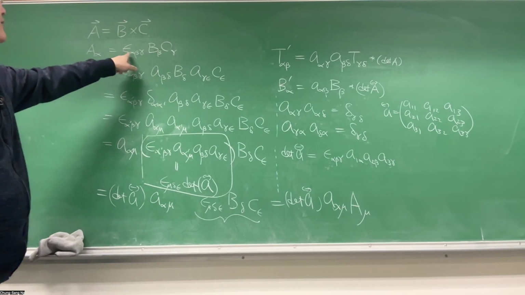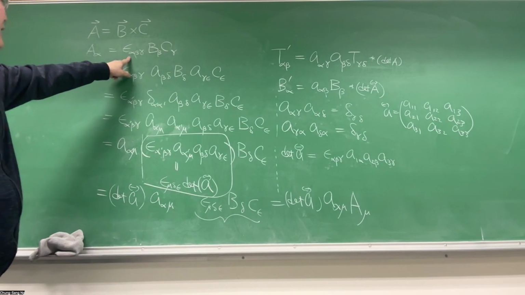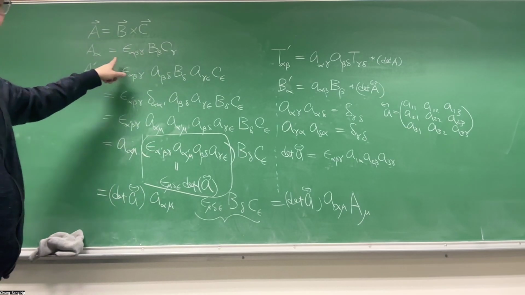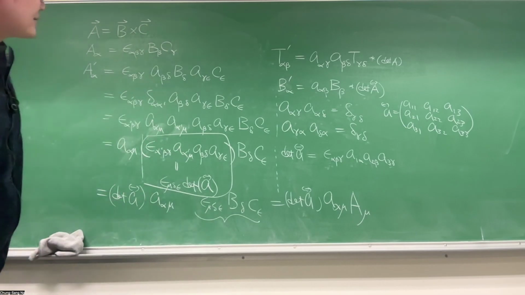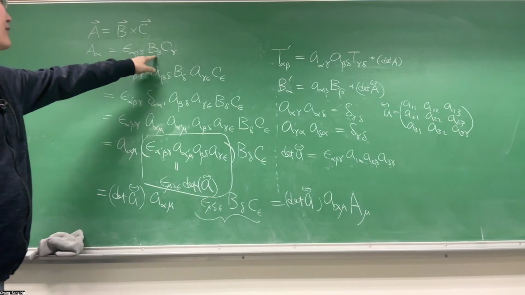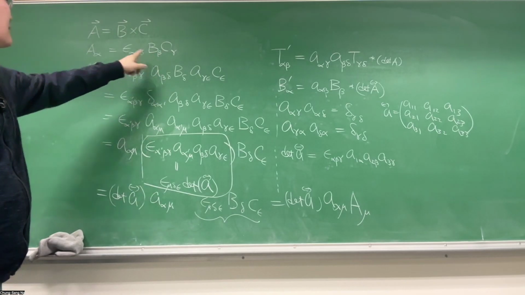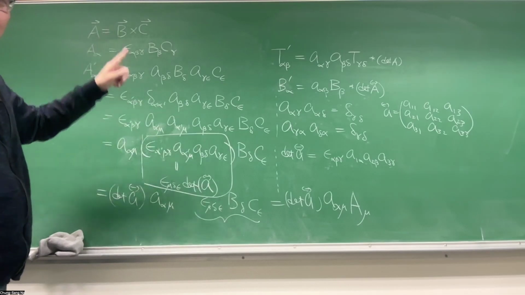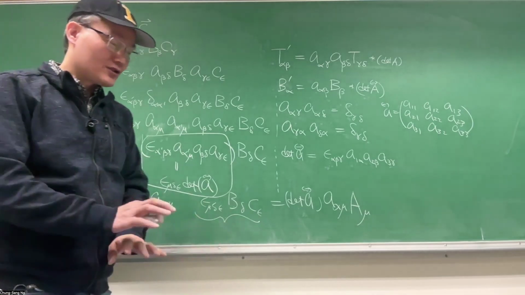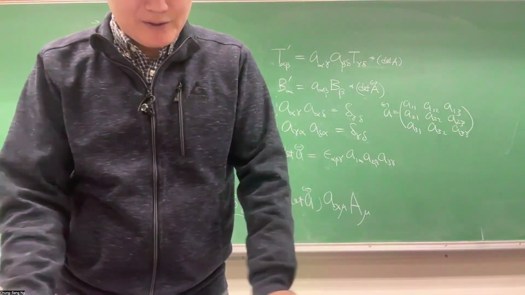The third rank tensor with two vectors, you contract to another vector. But this is a pseudo vector. So after the contraction, this becomes a pseudo vector. Okay, so it's always like that. But obviously, if one of them is a pseudo vector already, and you do that kind of contraction, then you go back to a vector. So when two of the pseudo objects are combined together, it comes back to an ordinary object.